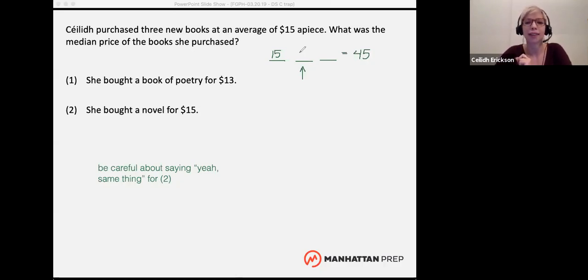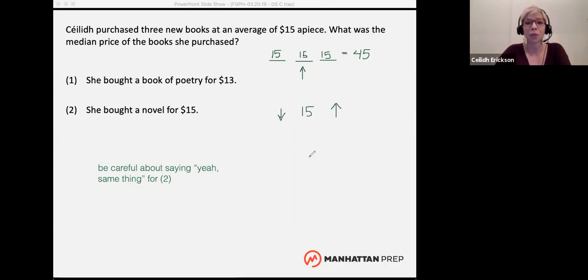Trick question. What if they were all the same? If it was 15, 15, and 15, then technically 15 is the lowest, but it's also the median, it's also the highest. So either they're all 15, in which case 15 is the middle, or we have 15 in the middle and then something lower on this side and something higher on this side if those other two terms are going to add up to 30.